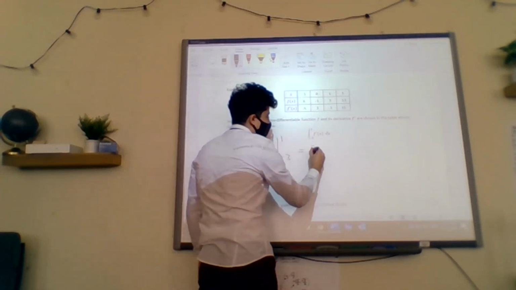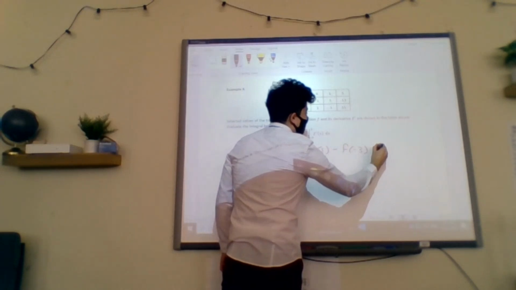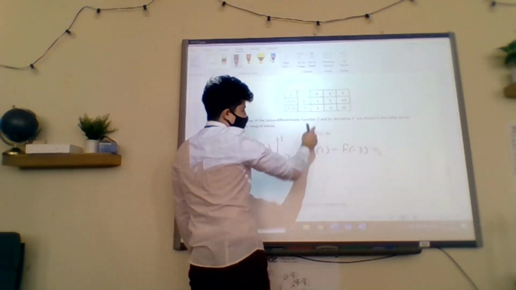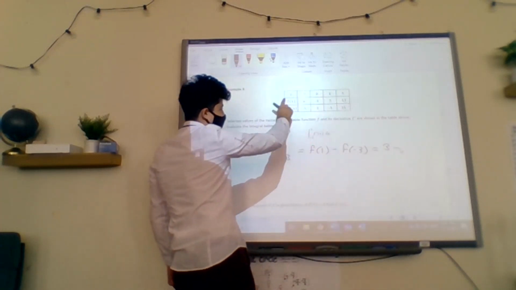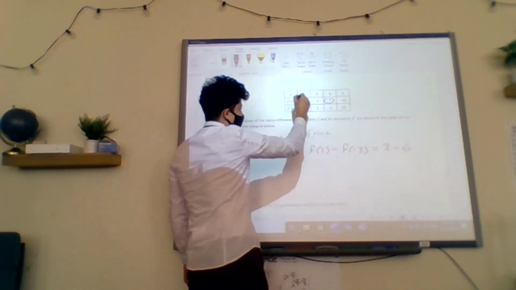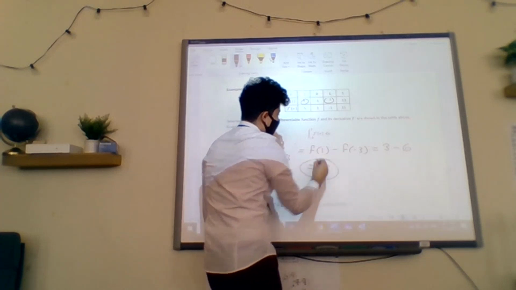So f of 1 minus f of negative 3. From the table, f of 1 is 3 minus f of negative 3 is 6. I'm just reading these two values. And then that's it. 3 minus 6 is negative 3, and that's your answer.